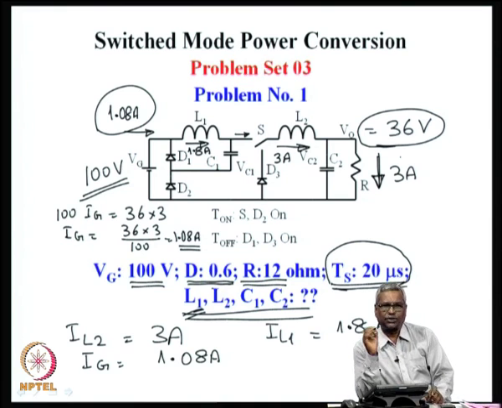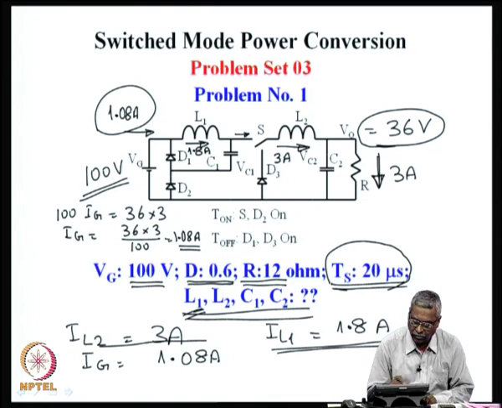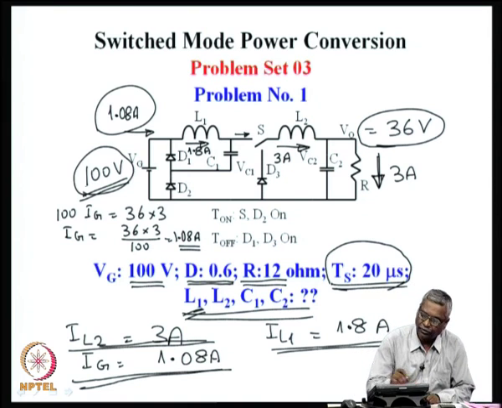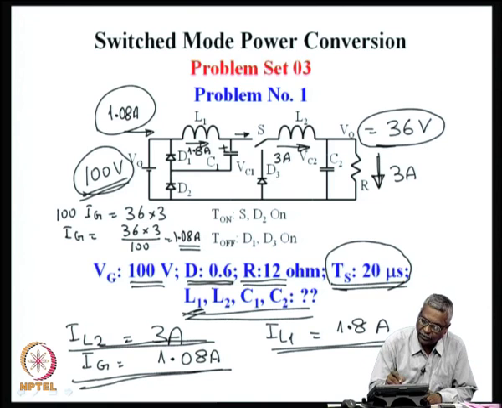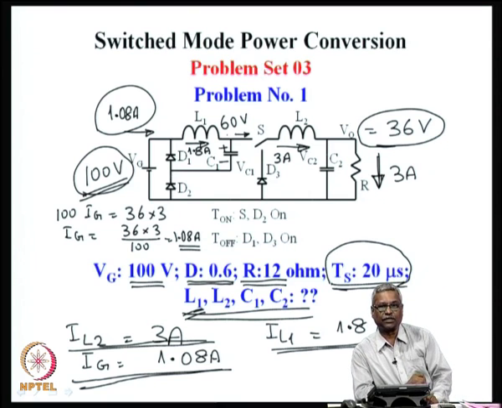So, by the assumption of volt second balance and ampere second balance on the capacitors, we have now managed to find out all the average currents in the inductors and the voltage ratios. For 100 volt input, we get 36 volts at this point, and this capacitor will be 60 volts. 0.6 into 100 is the first stage conversion.